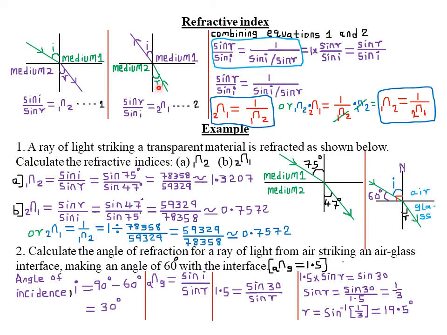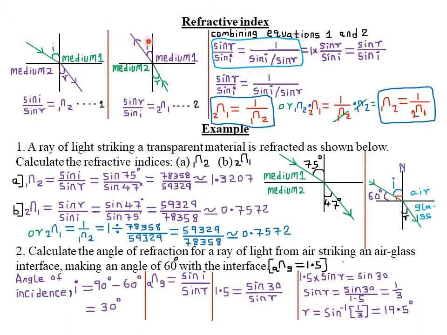Then the angle of refraction is always the angle between the normal and the refracted ray. Therefore, in this particular case, r is our angle of incidence and i is our angle of refraction.